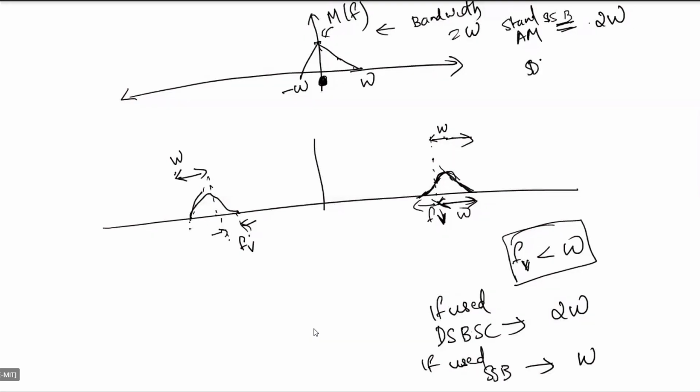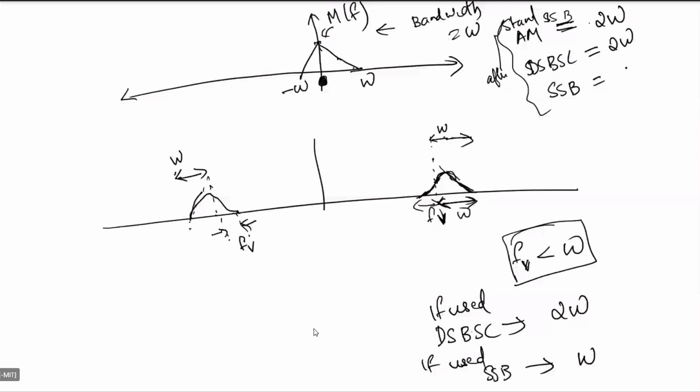If DSB-SC, what will be the bandwidth? 2W only. If SSB, what will be the bandwidth? W.